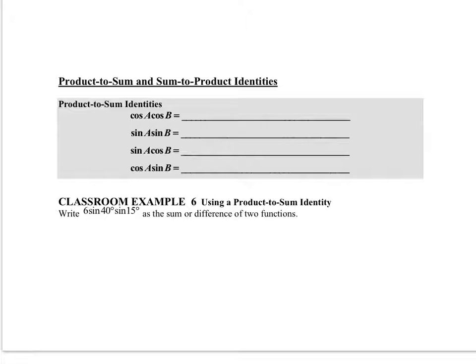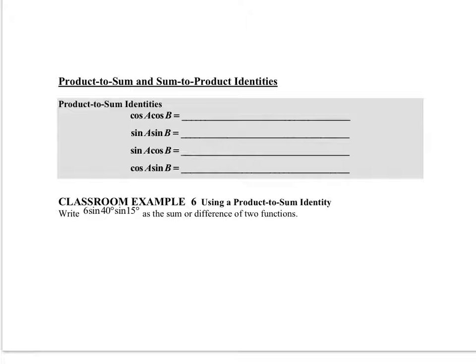Now, let me ask you something. That cosine A times cosine B, that looks like part of what? Remember when we did the sum and the difference with cosine?